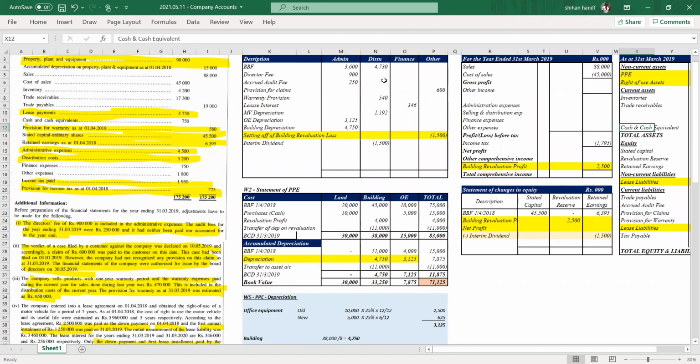All these, finance expense 7. Other expense 1,000.